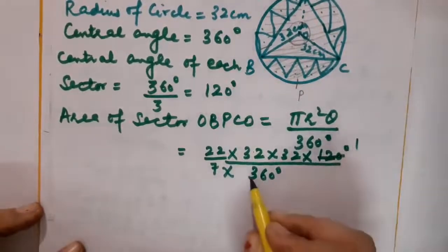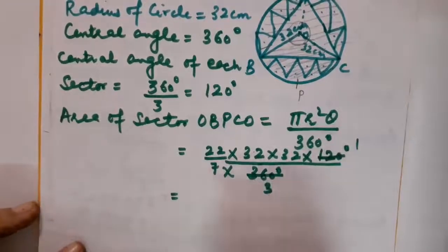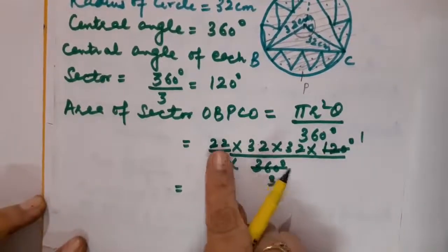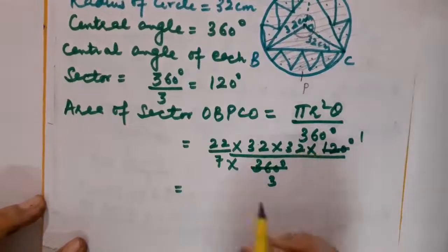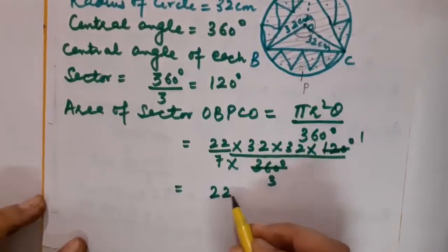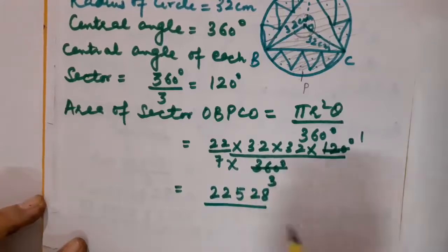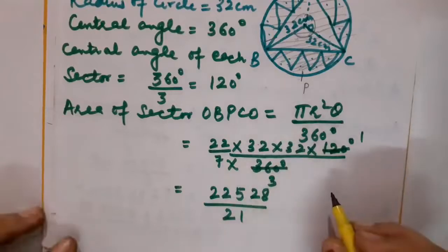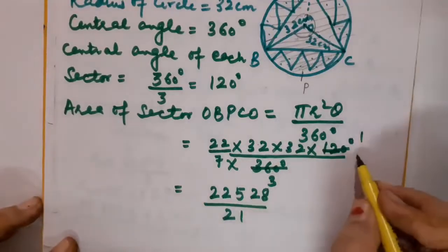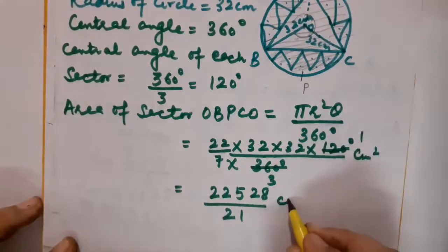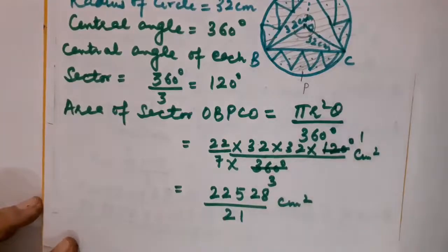This is 120 1za, 120 3za. So I have got 22 into 32 into 32. When I multiplied them, children, I got 22,528 upon 7 into 3, that is 21. As you know that we are going to calculate the area, so it must be there in centimeter square.